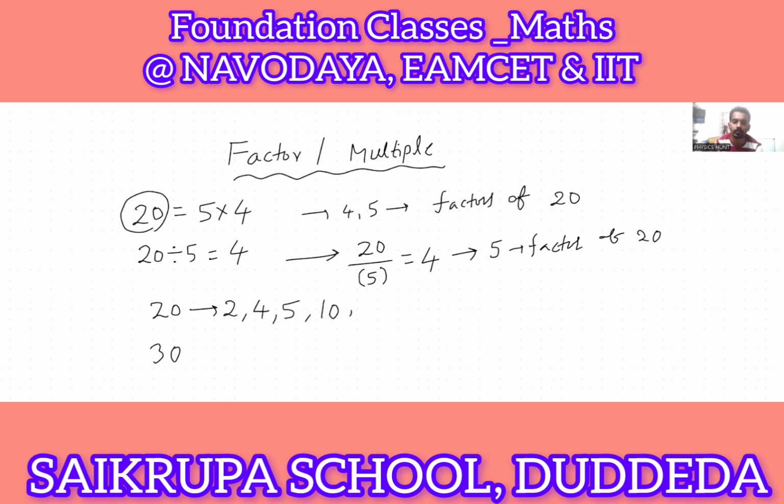Then not 11, 12, 13 till 19, only 20. 20 into 1 equals 20.